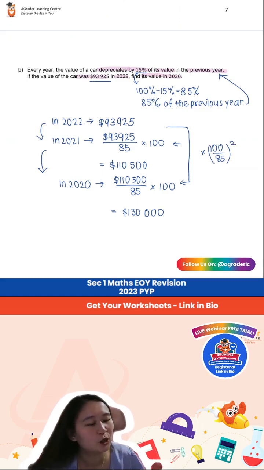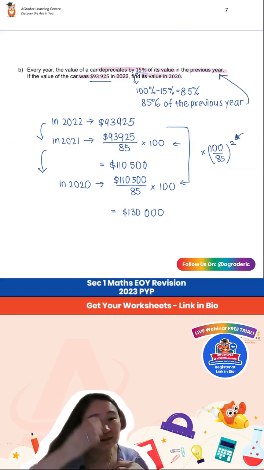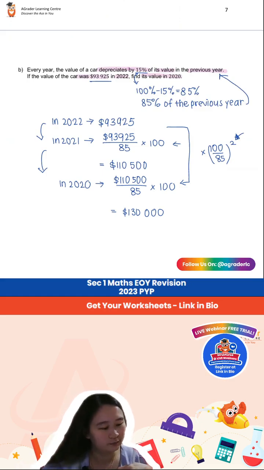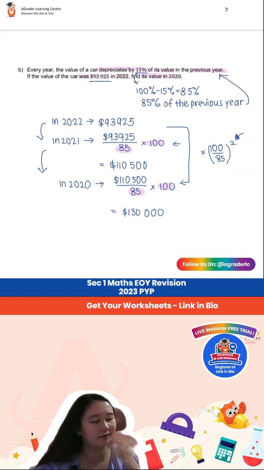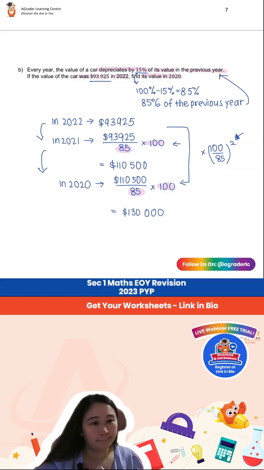So how many years you are going back will be the power. You can see from here it's 100 divided by 85, and then I multiply by 100 divided by 85 again. So when you go back by another 10 more years, you times 100 over 85 to the power of 10.